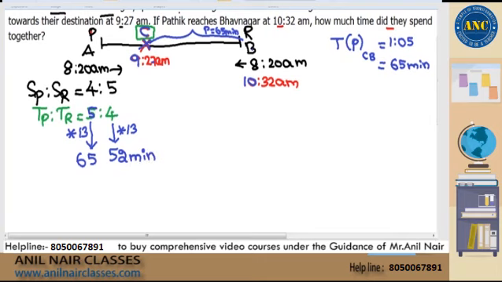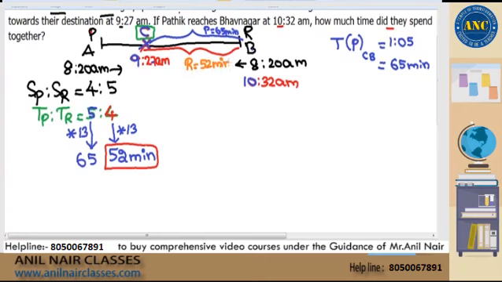What is the meaning of 52 minutes? The meaning of 52 minutes is, Rahi will take 52 minutes to travel the same distance from B to C. I hope it is clear. To travel the same distance from B to C, Rahi will take 52 minutes.